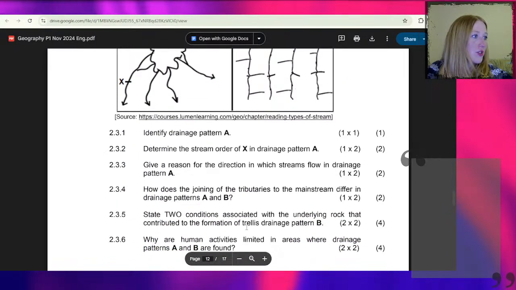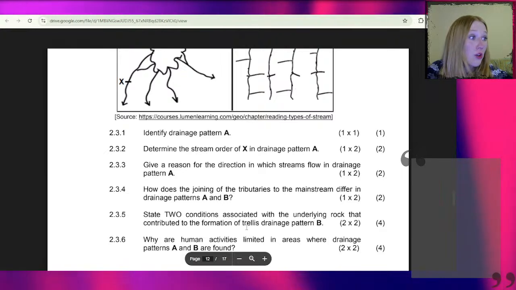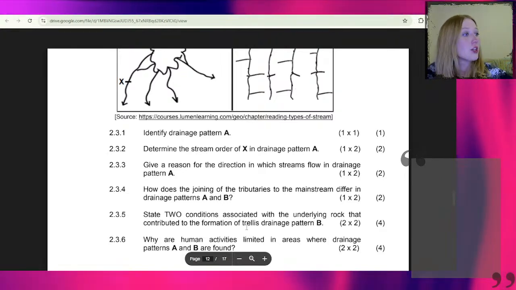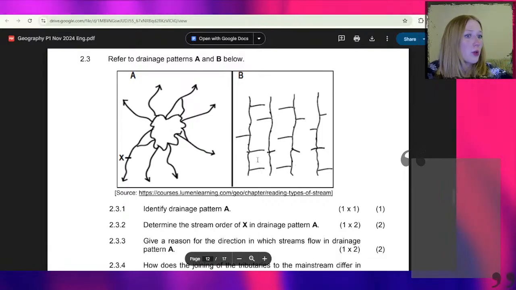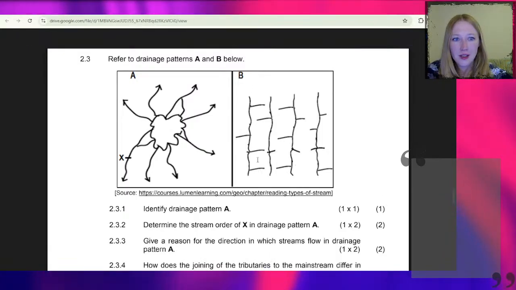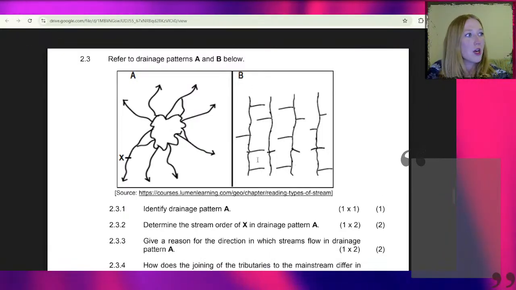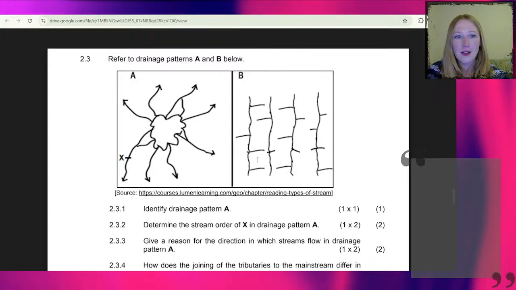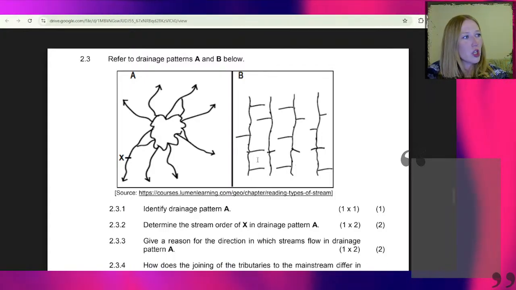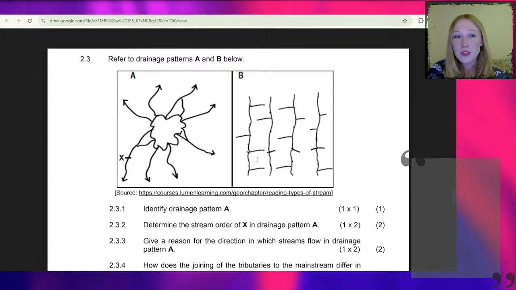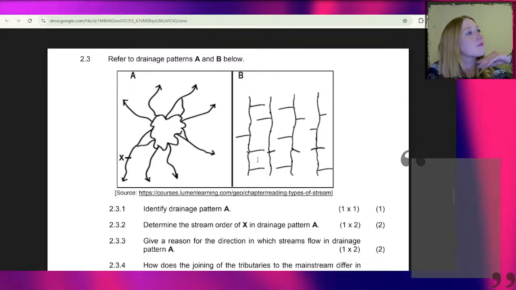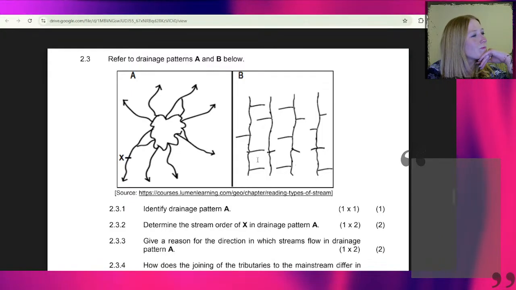State two conditions associated with the underlying rock that contribute to the formation of the trellis drainage pattern in B. There would probably be alternating layers, so quite resistant rock with certain layers of less resistant rock, possibly cracks or faults.